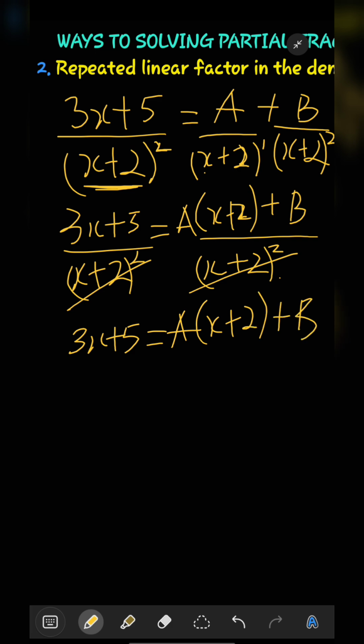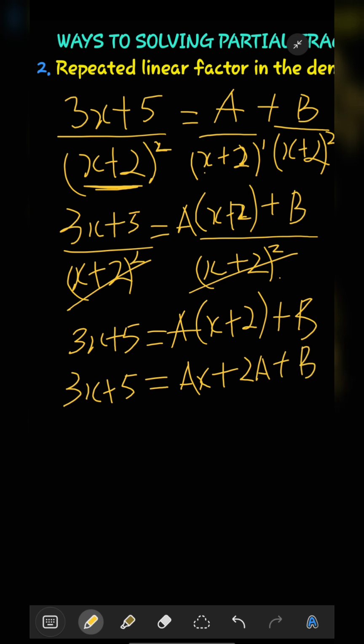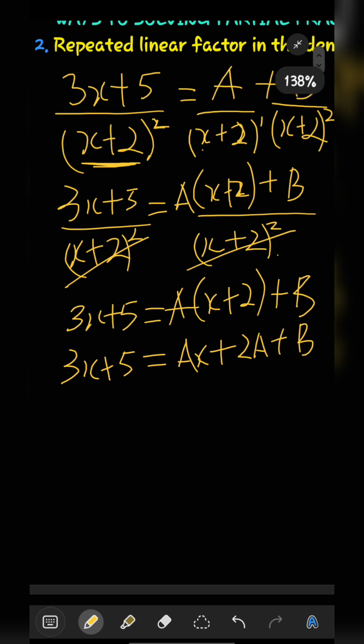Now we'll simplify the right hand side. So we have 3x plus 5 is equal to a times x is ax, plus a times 2 is 2a, plus b.